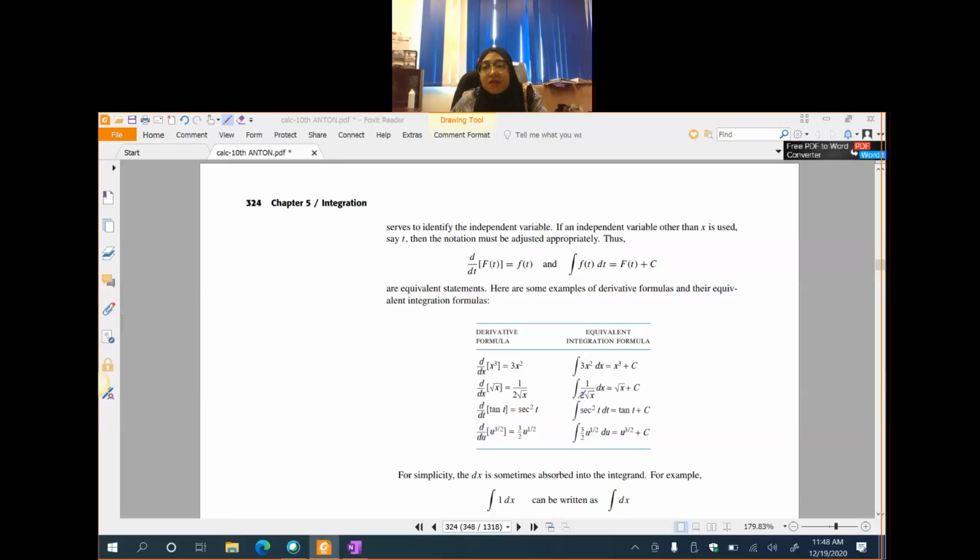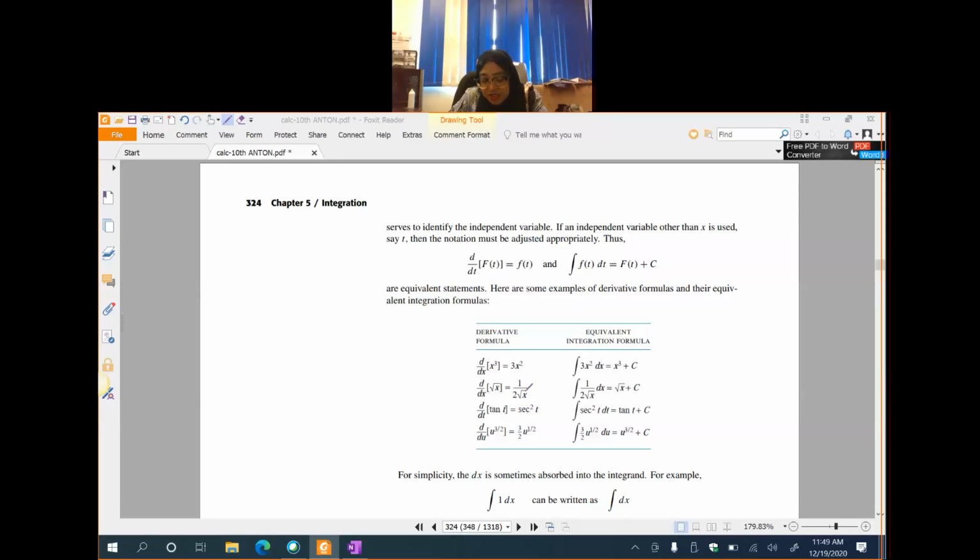But it's not always easy to get the integration of secant squared t instantly if you never memorized this. I always teach you, if you don't want to memorize, represent tangent t as sine t divided by cos t, then differentiate using the quotient rule, and you will get secant squared t.